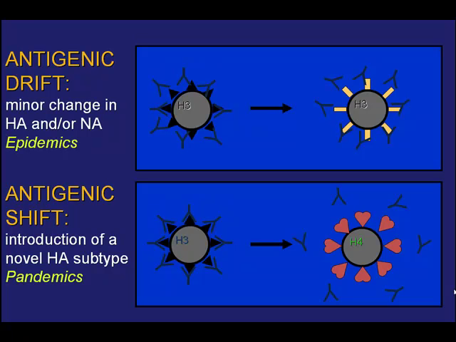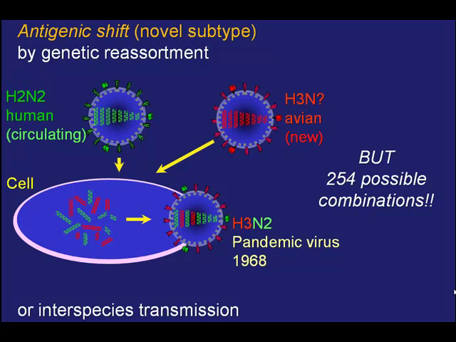This contrasts with antigenic shift, which is the introduction of a novel hemagglutinin subtype, and because the existing antibodies do not recognize the novel hemagglutinin, this may lead to a pandemic. One mechanism for such an antigenic shift is genetic reassortment, which is a process of gene swapping.